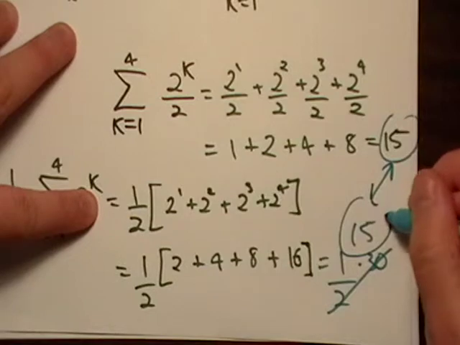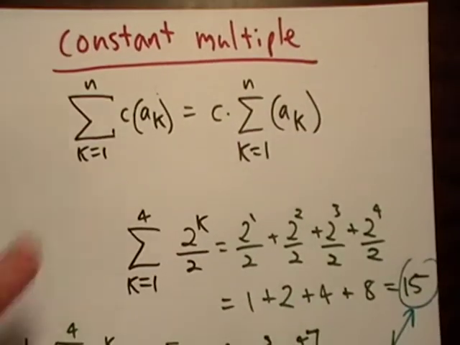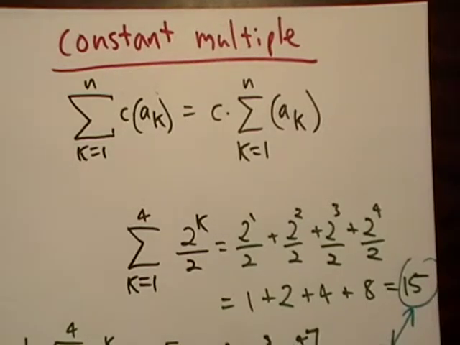Okay, so this is a good rule. We can use this, and it can make your life easier. Sometimes it's easier just to go ahead and sum them up just as normal. So it just depends on the situation, but these are rules that you'll be able to use.